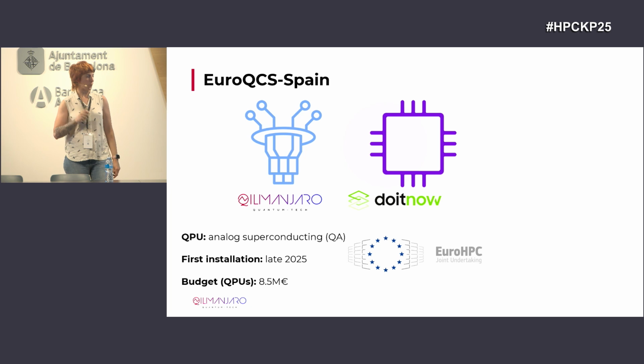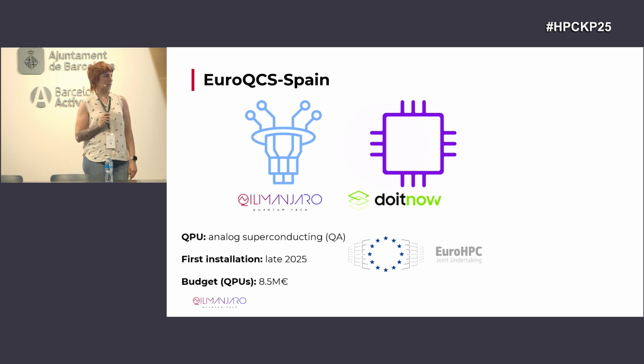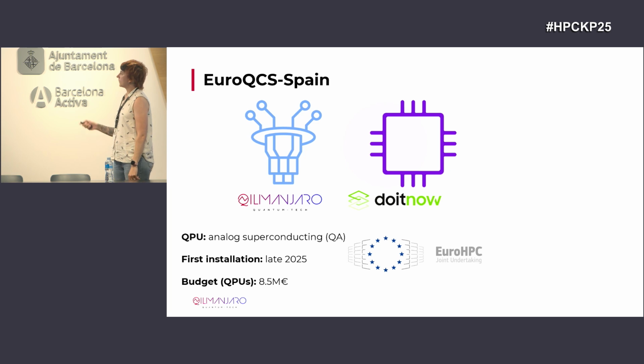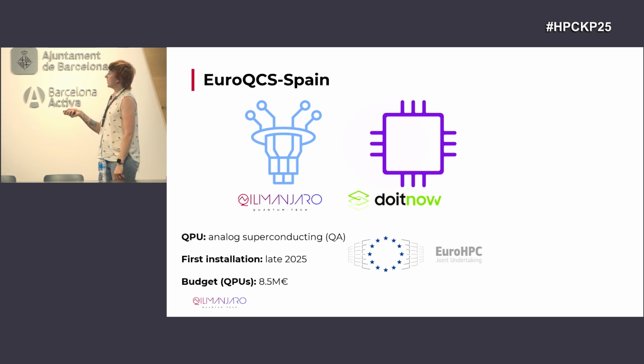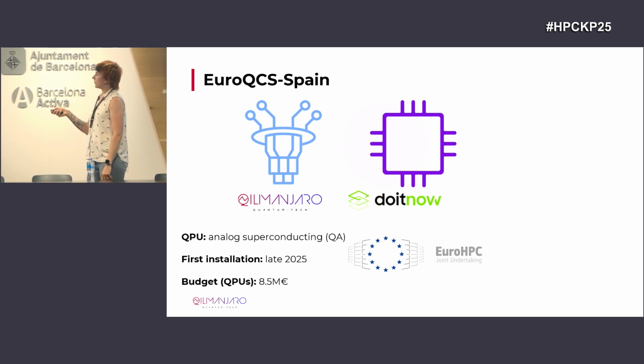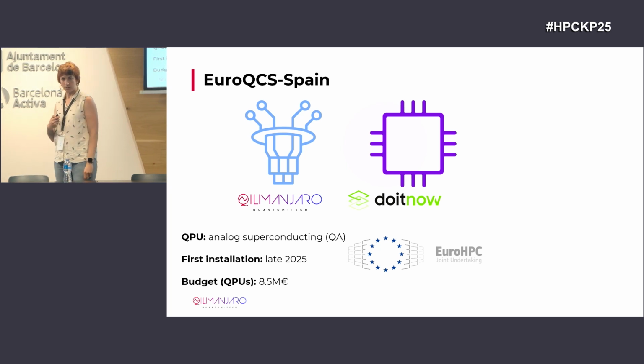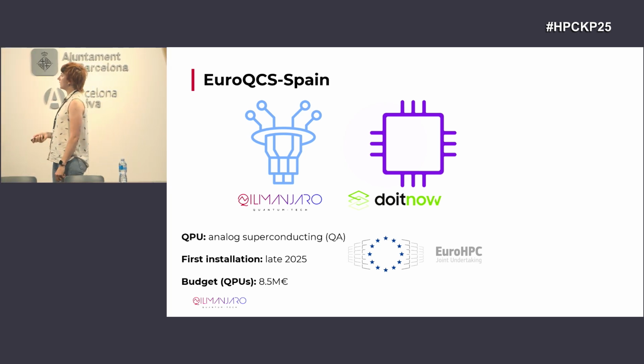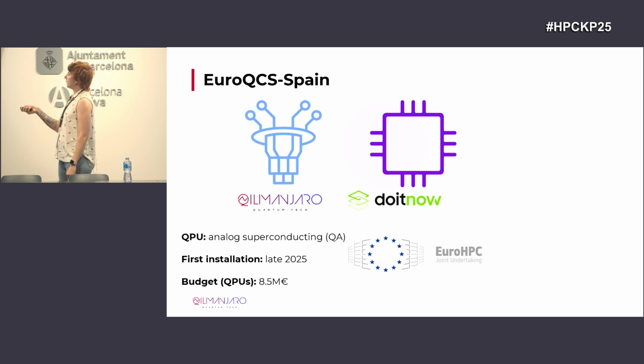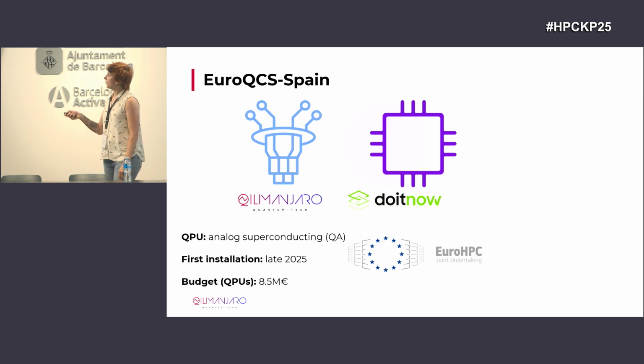Then we are jumping to the new project, which is EuroQCS-Spain. This project started this year. The difference between the projects is the technology of the QPU that we are using. In this case, we are manufacturing our own chip, something that is in progress right now. The budget is more or less the same, and we will start installation in late 2025, late this year.